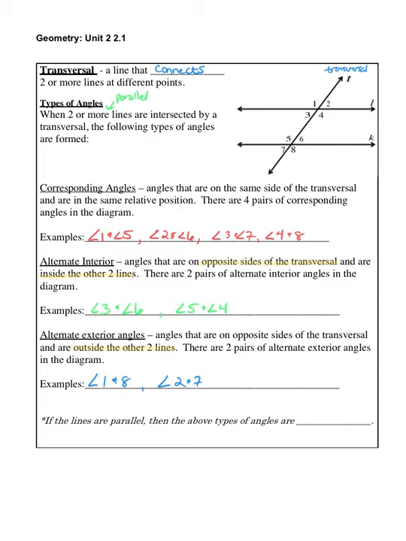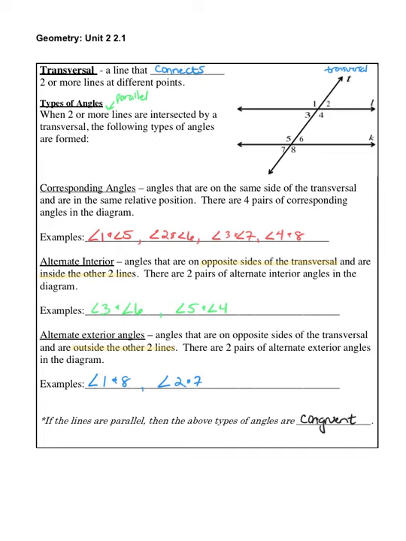Angles 1 and 2 are on opposite sides of line T, but they are a linear pair. So if the lines are parallel, the above types of angles are congruent. That is very key.